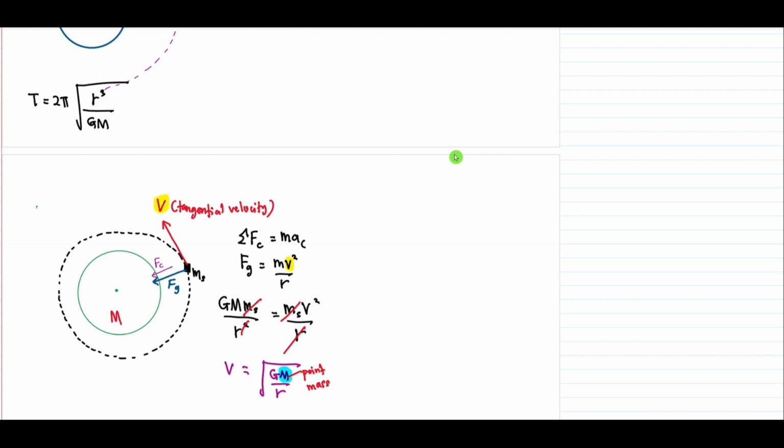So jadi saya saja tunjukkan bagaimana dapat equation tangential velocity. And from this equation, we can derive the equation of the period, capital T tadi. So, as we know, to complete one revolution, S is equal to 2 pi r, where S is the circumference of a circle.